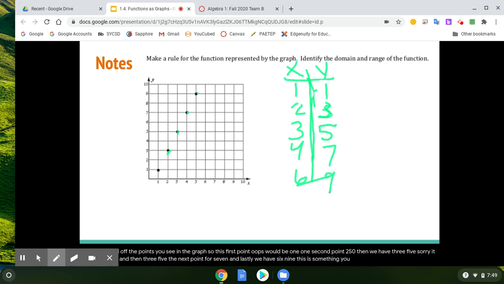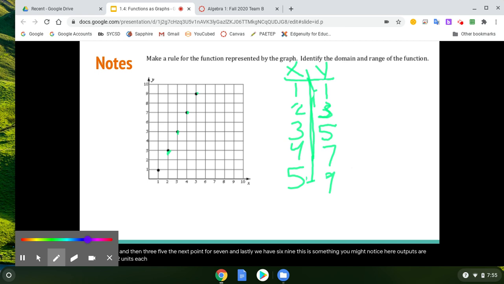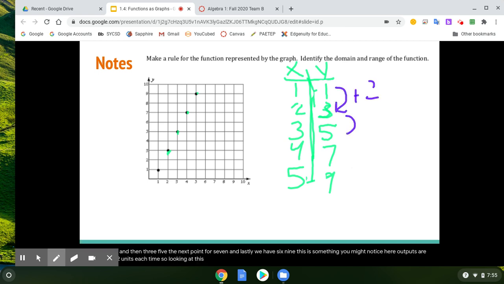So something you might notice here, the outputs are increasing by 2 units each time. So looking at this, it's always adding 2 as the inputs are only increasing by 1 unit. All right, so that might tell us something.